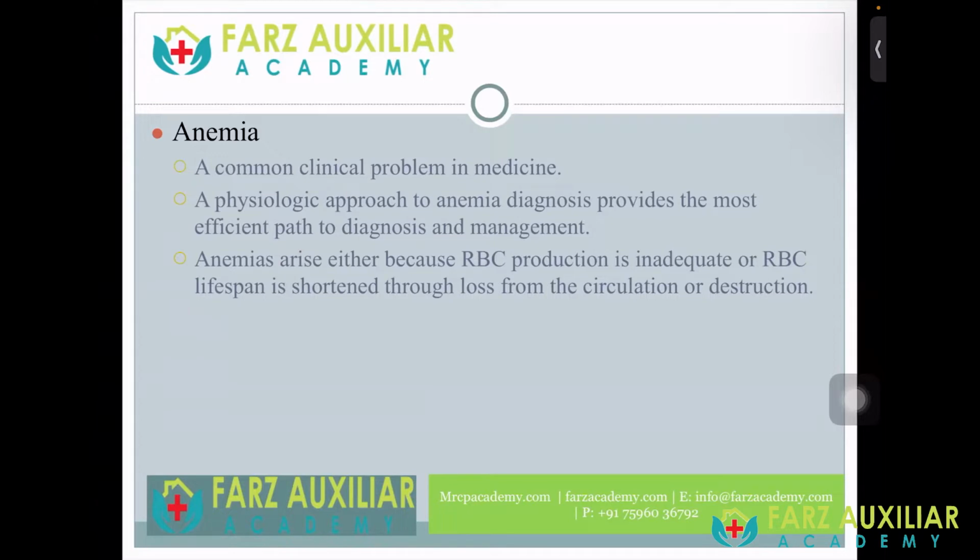This is one reason. The other reason could be the shortened lifespan of an RBC, be it because of a direct attack by an organism like infection, like parasitemia, like malaria, or immune-mediated hemolysis. Hemolysis is a term used whenever we are talking about destruction of the RBCs.